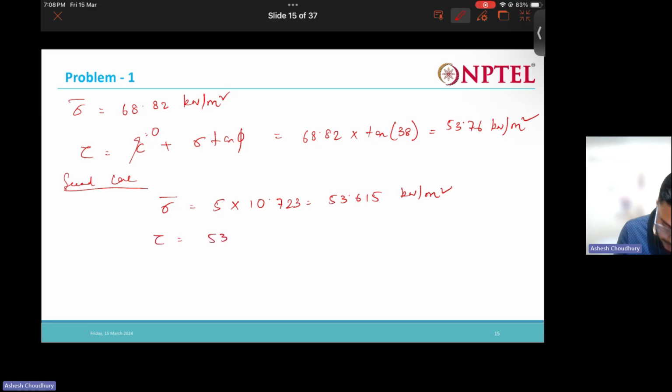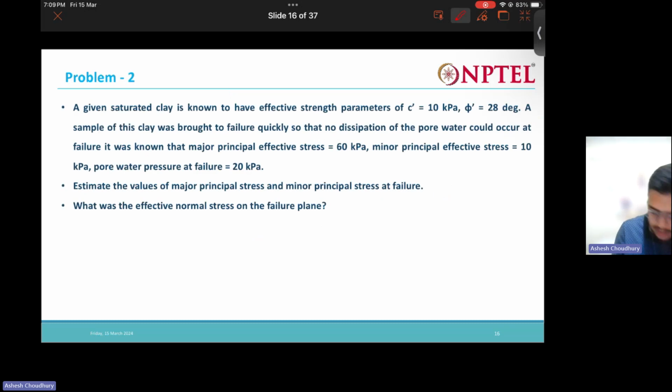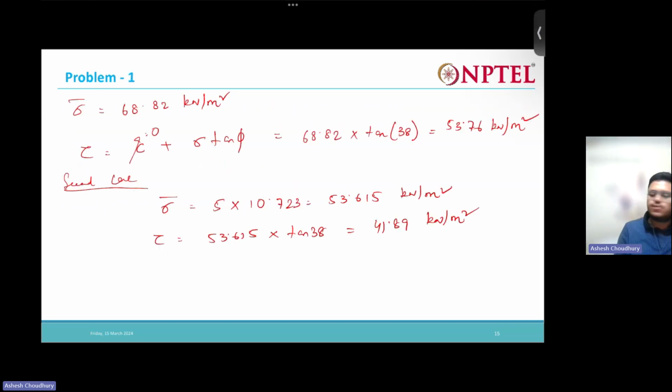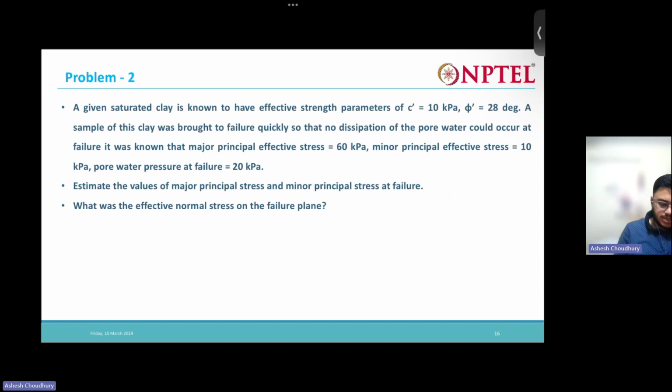So this is a very simple and easy, direct problem, right? Now let us see the next one. Just read the question once and see if you can understand.